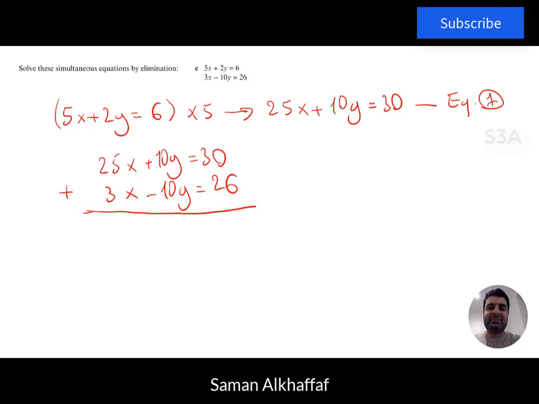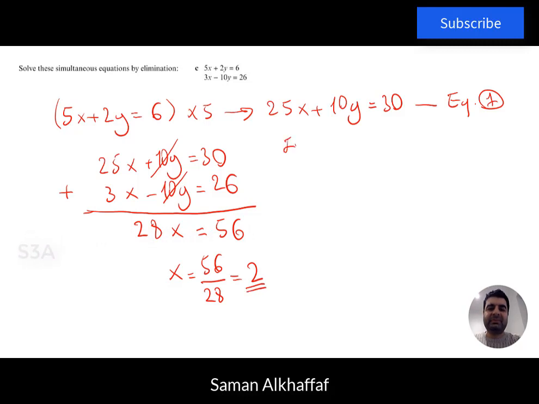If they are added, we would have 25x plus 3x, that would give us 28x. The plus 10y and negative 10y will disappear, and we would also have 30 plus 26, that would give us 56. Now we will divide 56 over 28, and that would give us 2. So that would be the value of x.